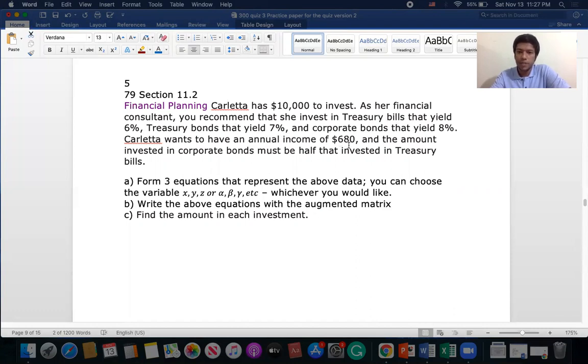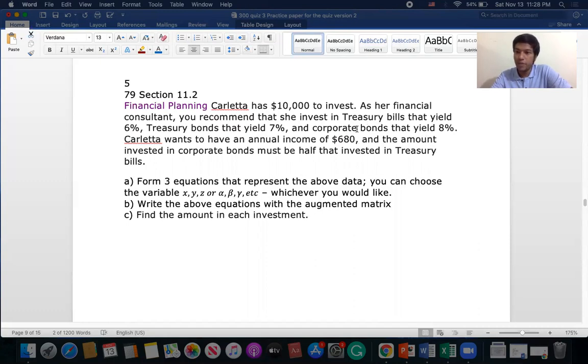Total income is this, and the amount invested in the corporate bond must be half that invested in the treasury bills. So based on this information, our first target is to make 3 equations, because now we know the technique for finding 3 equations.